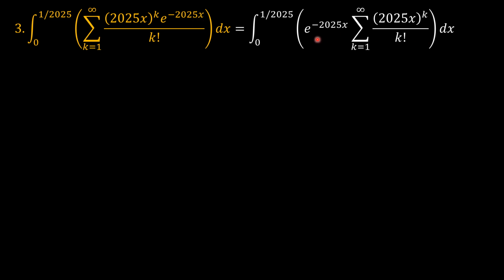So we can pull out the e to the power negative 2025x, and we are left with an expression which is a summation from k equals 1 to k tending to infinity of 2025x to the power k over k factorial.